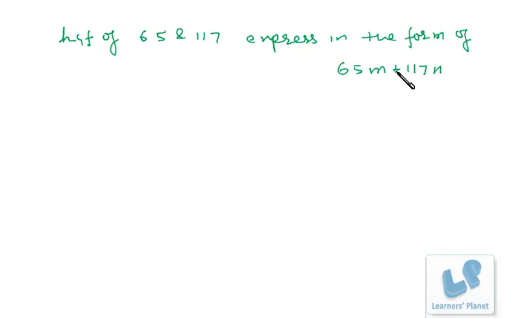Now see, how do we find the HCF of two numbers? We just use the division method over here. In the division method, obviously the bigger number should be the dividend and the smaller number the divisor.